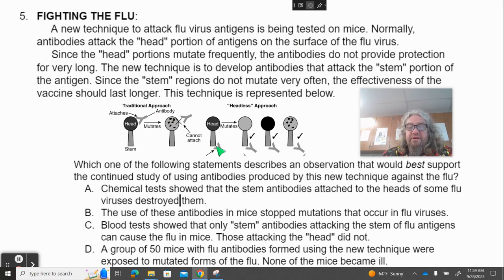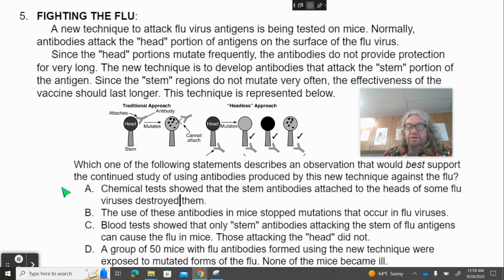See, you've got a diagram that shows the traditional approach and this new headless approach. Which one of the following statements describes an observation that would best support the continued study of using antibodies produced by this new technique against the flu? A. Chemical tests showed that stem antibodies attached to the heads of some flu viruses and destroyed them.